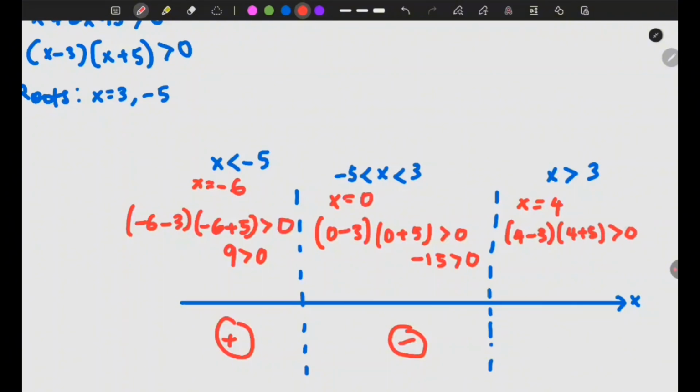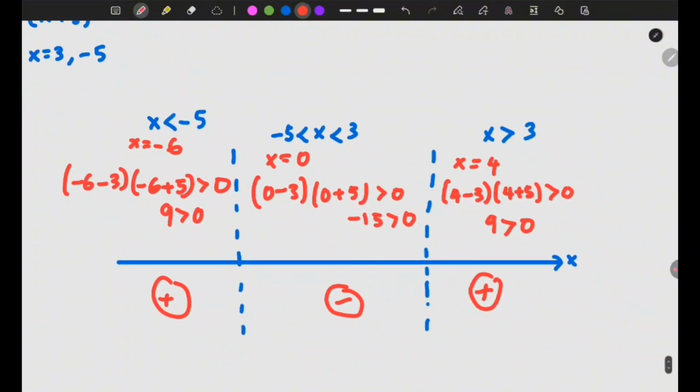This one is wrong. How can a negative number be more than 0? So cannot be. So the answer should be x is less than negative 5, x is more than 3. That's the answer. Done. Easy peasy.